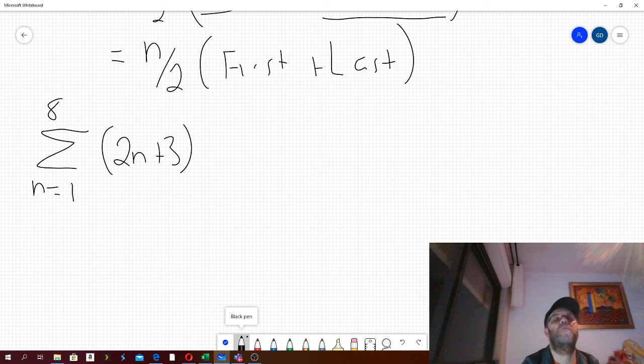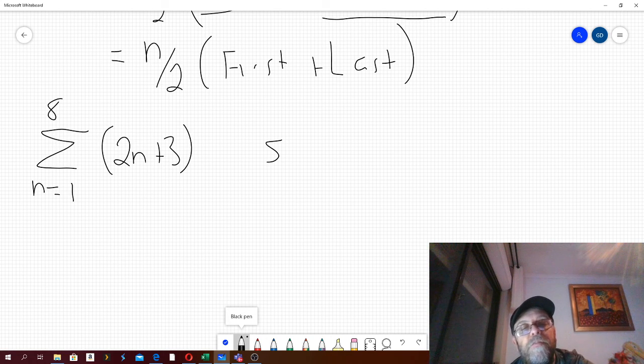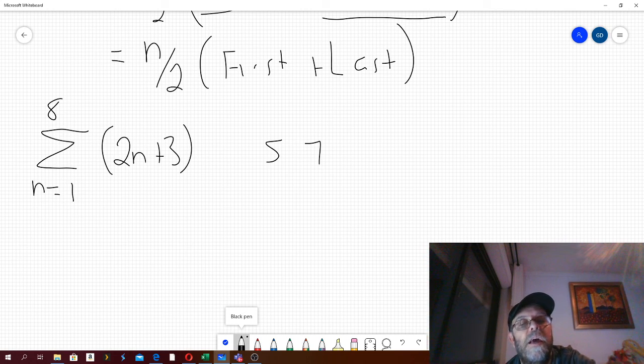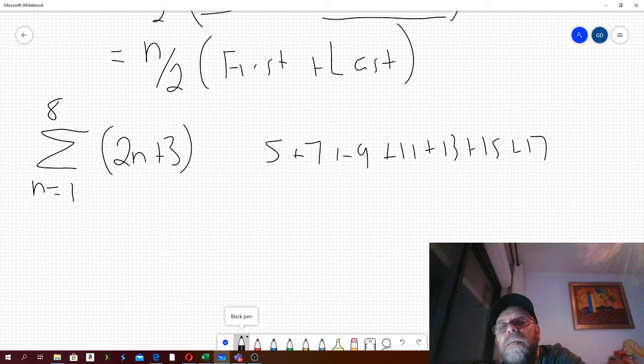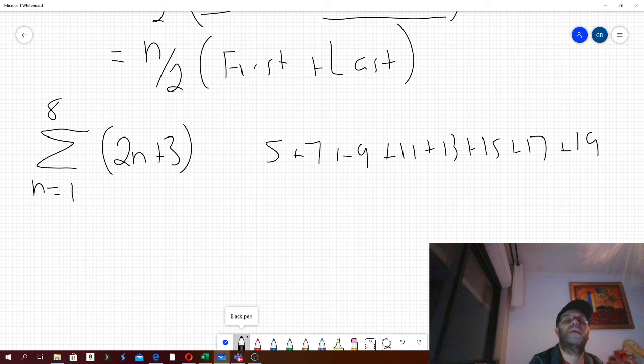What would that generate as a sequence? Well, if I put in 1, I get 2 plus 3, which is 5. And if I put in 2, I'd get 4 plus 3, which is 7. And if I put in 3, I get 9, and so on: 11, 13, 15, 17, and we've got 19 for the 8th term. So there's 5 to 19.